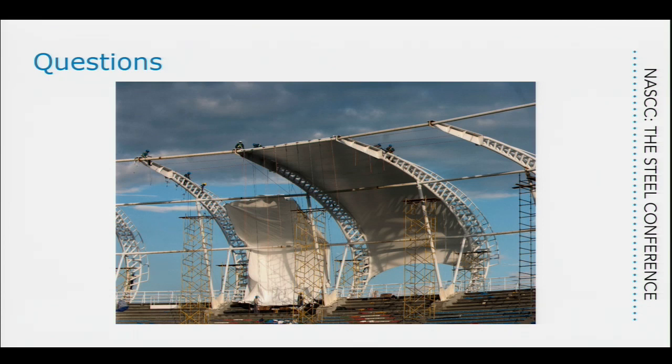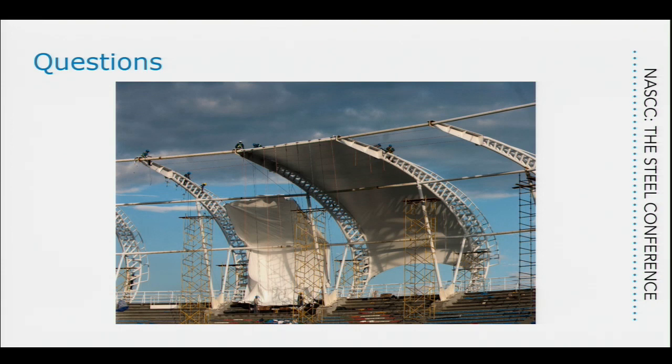Yes? The factors of safety and elongation, what kind of factors of safety are the manufacturers requesting on their materials, and what kind of elongations do you get? With elongations, I'm not sure. The elongations in these things, they're not codified as far as deflections go.